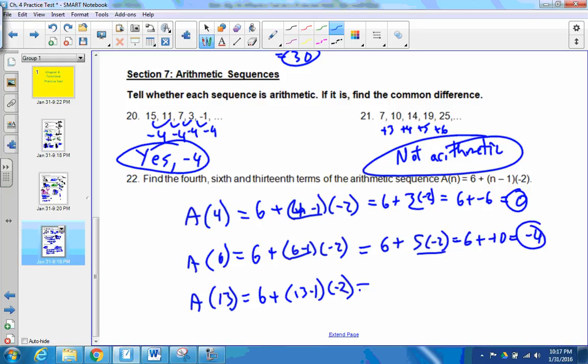And then finally, keeping with the order of operations, 6 plus 12 times negative 2. 12 times negative 2 would be negative 24. 6 plus negative 24 is negative 18. So there's your 3 terms.